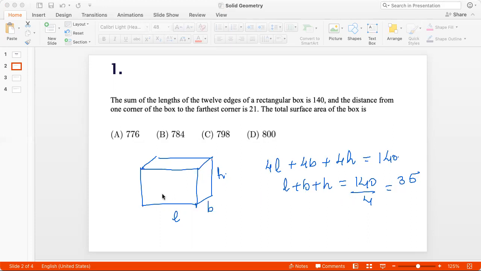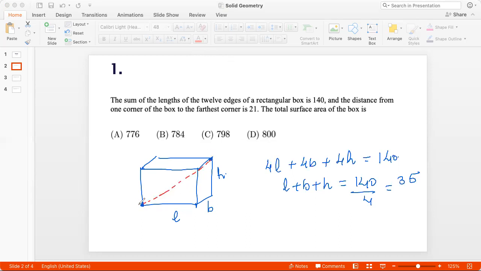And the distance from one corner of the box to the farthest corner. So let's say from here to here. How do we denote this distance?